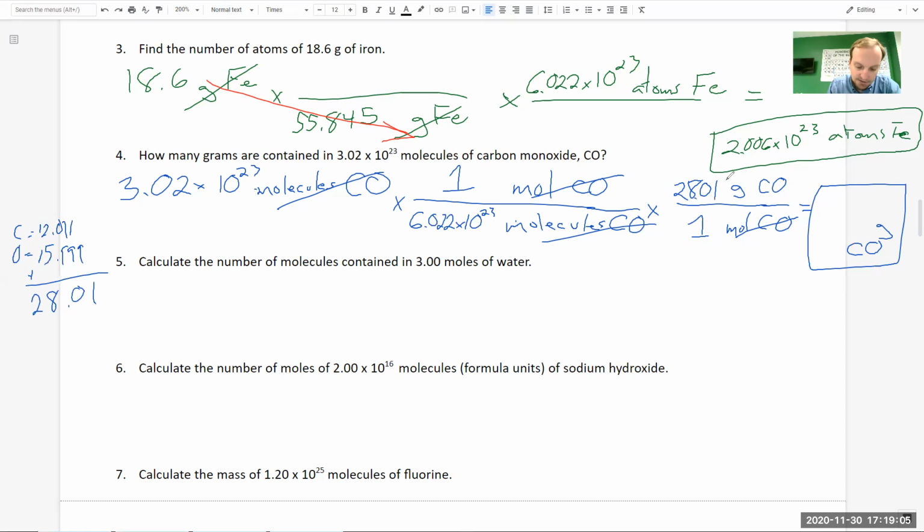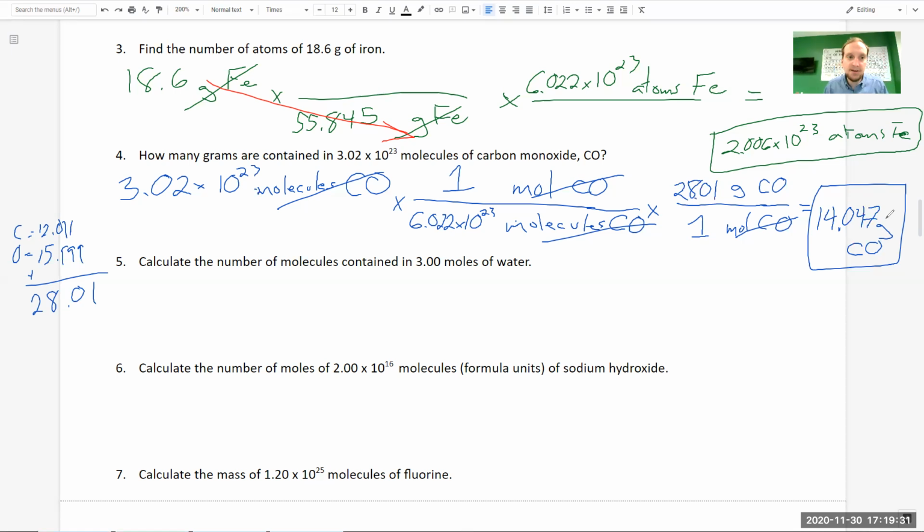All right, let's go ahead and calculate this. 3.02 E23 times 1 times 28.01 divided by 6.02 E23 and then divided by 1, which is the same thing. My final answer is 14.047.